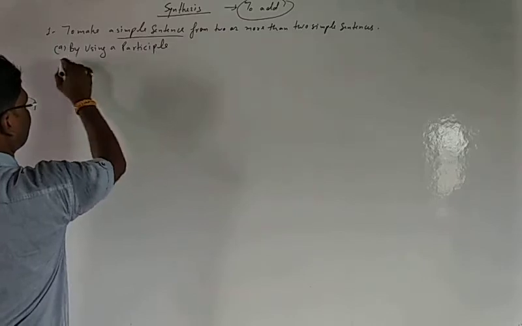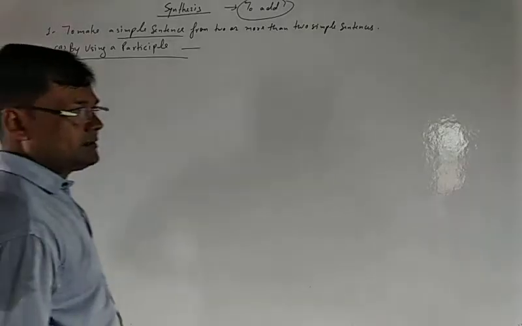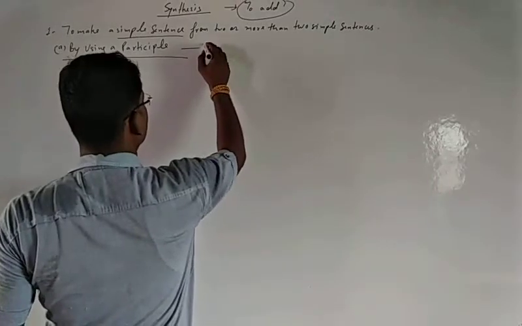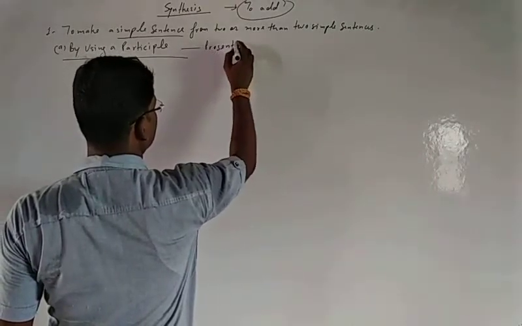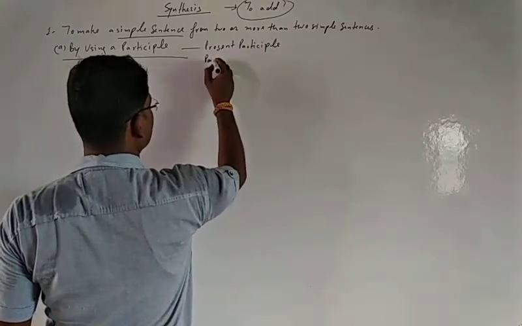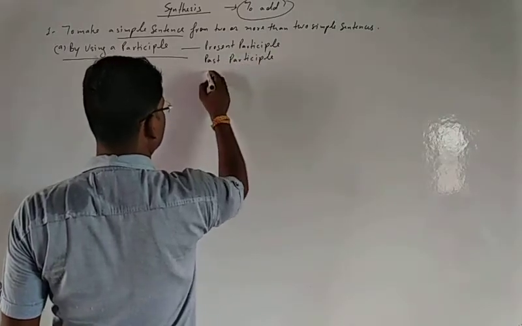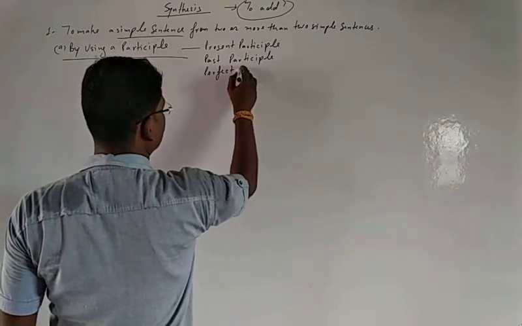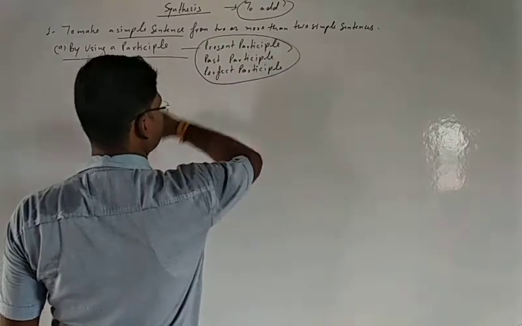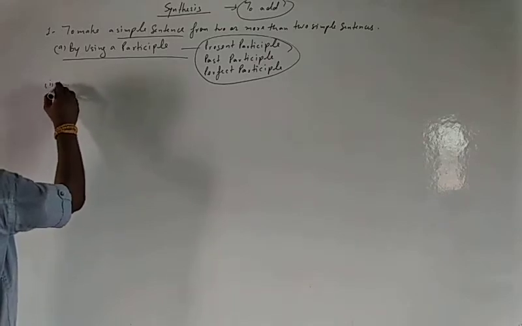Participles are of three types: present participle, past participle, and perfect participle. These three are participles. First, present participle.